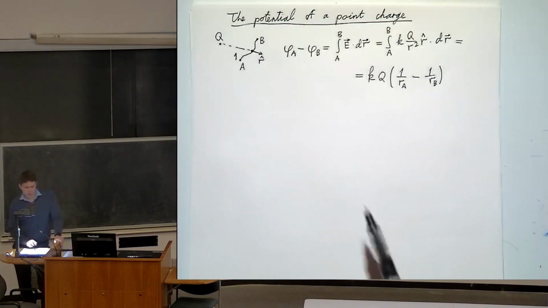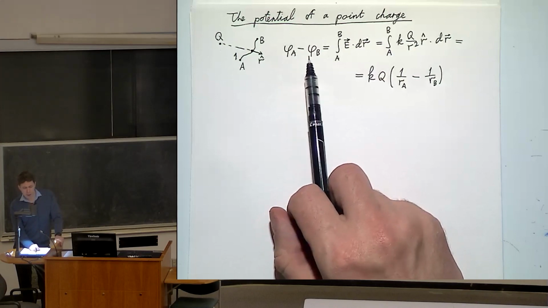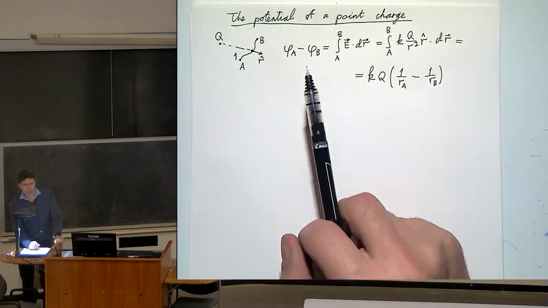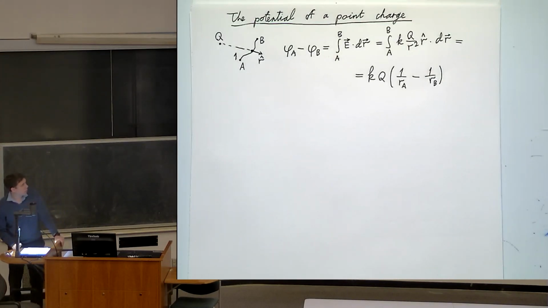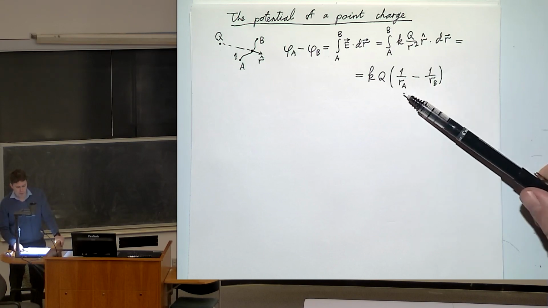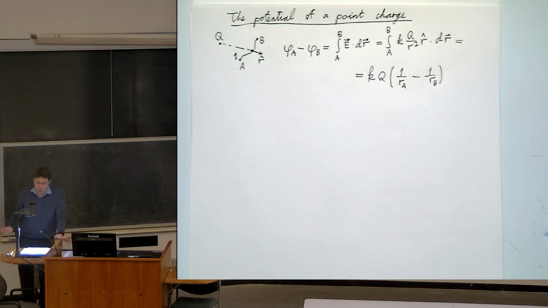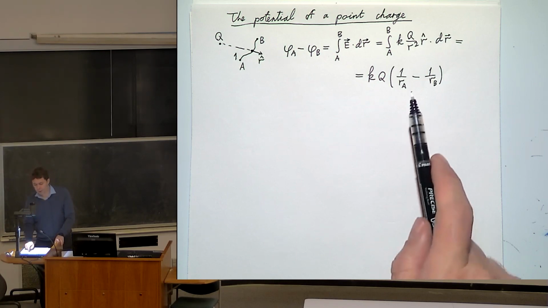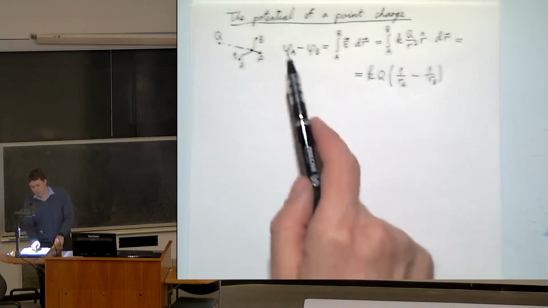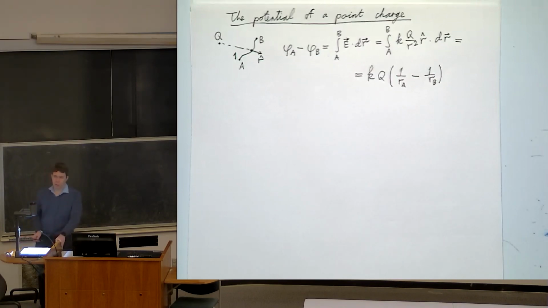And we see that the potential difference phi A minus phi B equals the difference of a certain function which depends on Ra and Rb. And here Ra and Rb are just the two distances. So we can define this function to be exactly the potential.